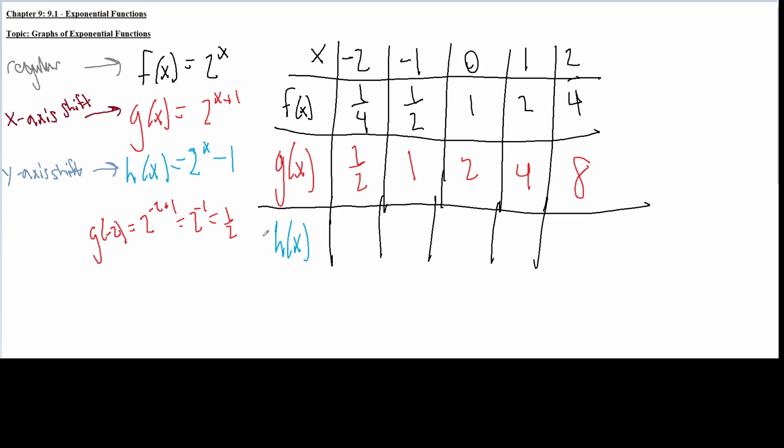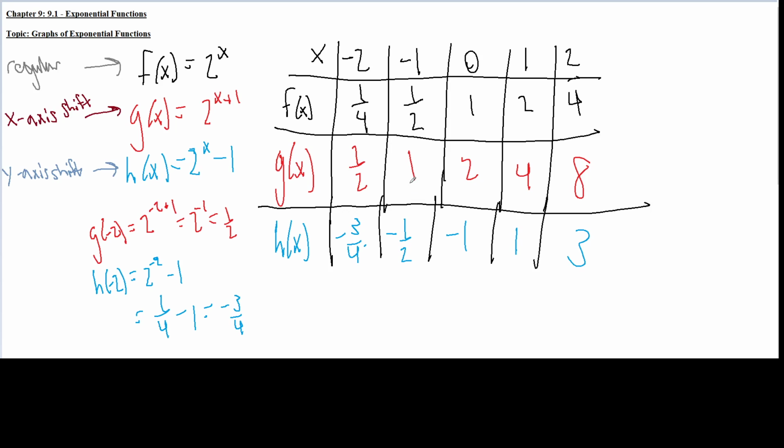And finally, h of x. Now, when x is equal to -2, I still have 2 to the -2, but now it's being decreased by 1. So this is really 1/4 minus 1, and that gives us -3/4. Let's see, this is -1/2, and this would be -1, this would be 1, and then this would be 3.